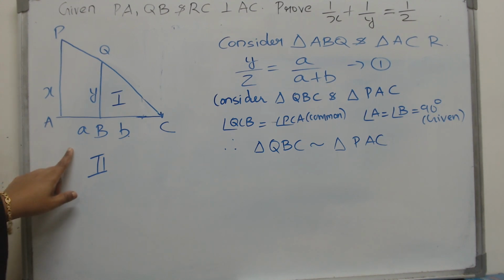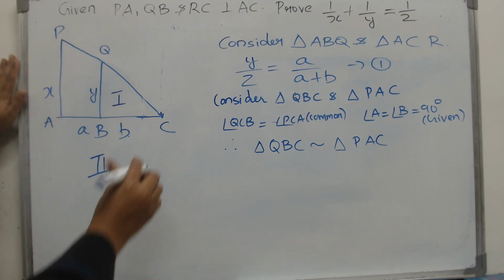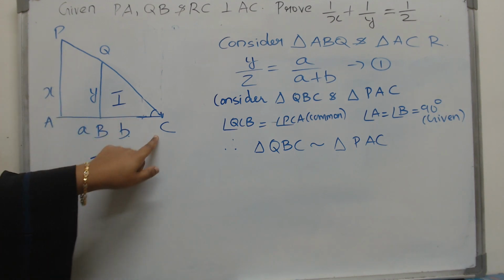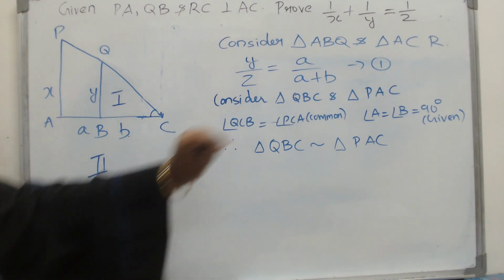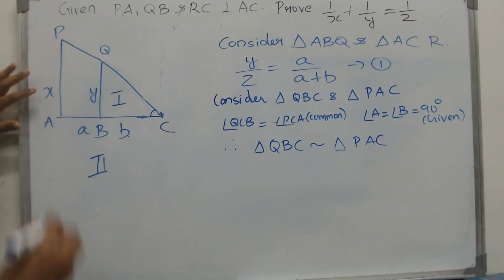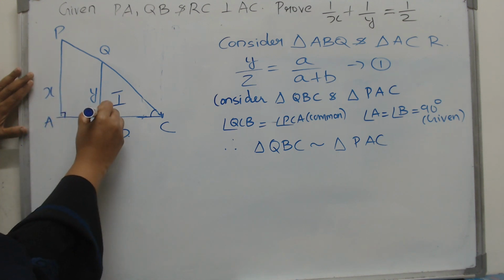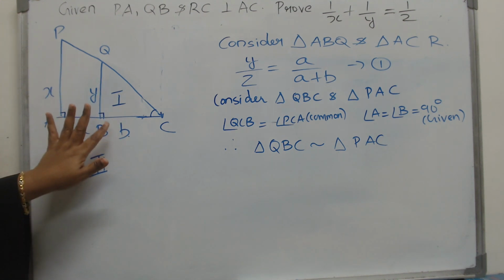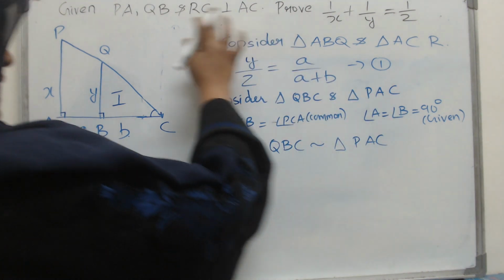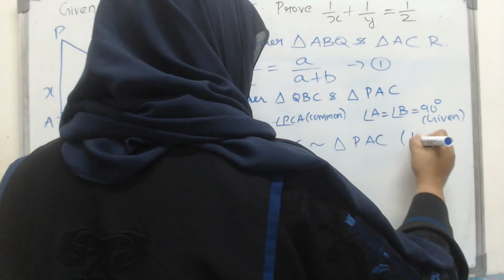The first thing you should notice is that this small triangle and this big triangle have the common angle C. Both of them have C in them. That is one of the vertices, so that angle is the same. Then angle A belonging to the bigger triangle and angle B belonging to the smaller triangle are both 90 degrees, because it is given here. You got two of the equal angles.